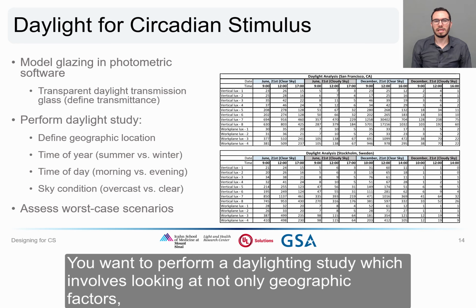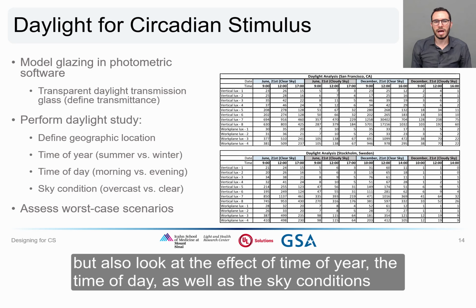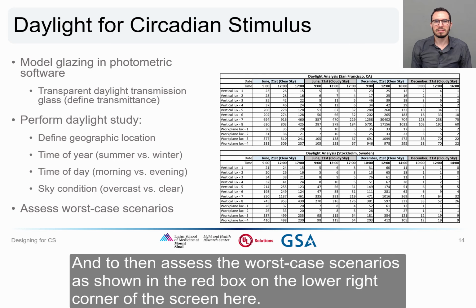You want to perform a daylighting study, which involves looking at not only geographic factors surrounding buildings and trees that might block sunlight coming into your space, but also the effect of time of year, the time of day, as well as the sky conditions, as all these variables can affect how much daylight you will get in your space, and to then assess the worst case scenarios as shown in the red box on the lower right corner of the screen here.